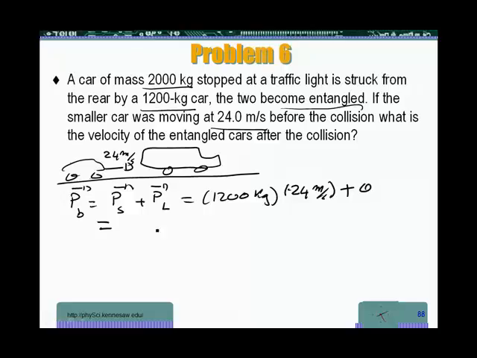So the overall momentum is 1200 times 24, which gives us 28,800 kilogram meters per second.